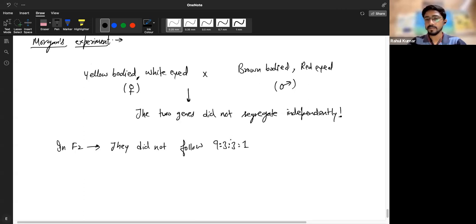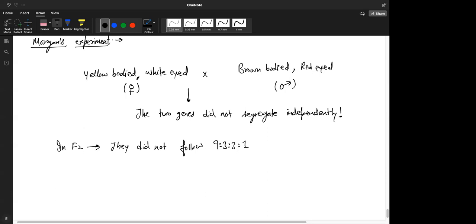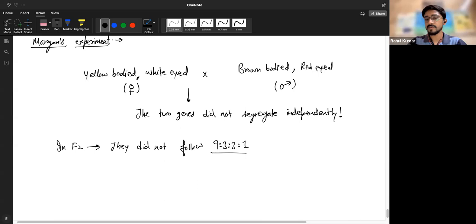And then 3 plus 3, 6 should be yellow bodied and red eye, and brown bodied and white eye. This combination also should come up, right? Yes. But it was not in this ratio. And what does this mean? If it is not in this ratio, then the recombination is not happening, right? That's why we are not getting the non-parental types.